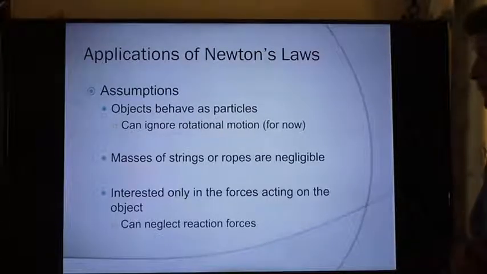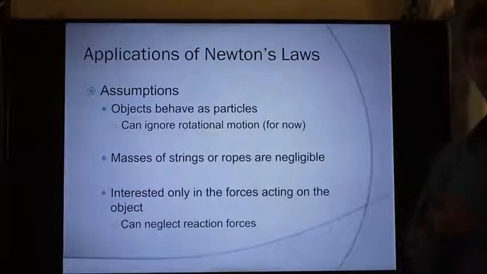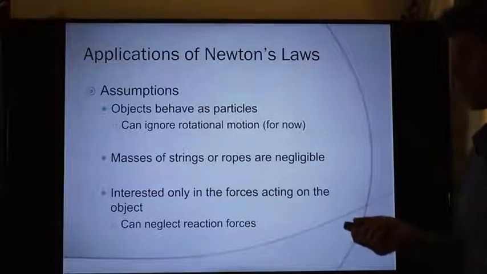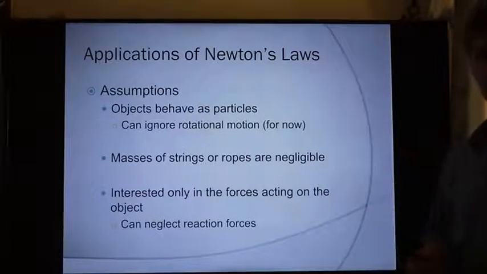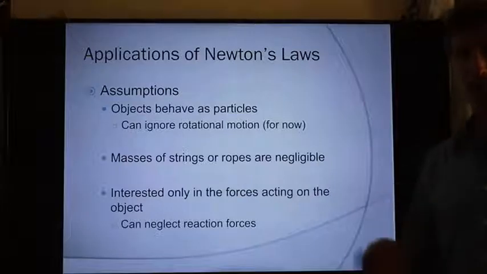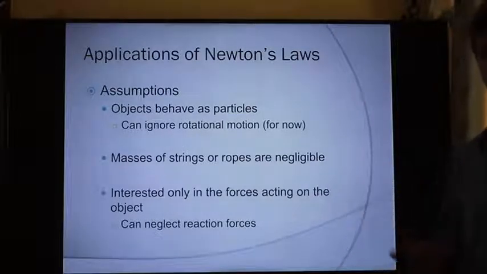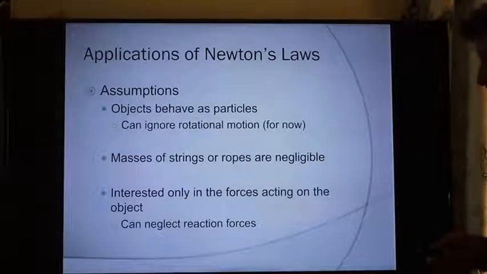Now again, whenever we're applying Newton's laws, we have to think about exactly what's happening. If it's in mechanical equilibrium, it's Newton's first law, and we set all the forces equal to 0. If we have a dynamic situation where there's acceleration, then we set the total forces equal to mass times acceleration.